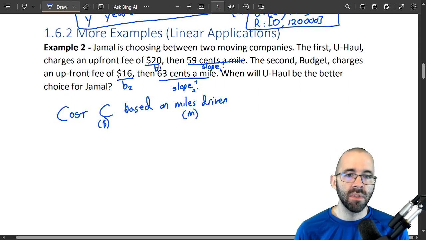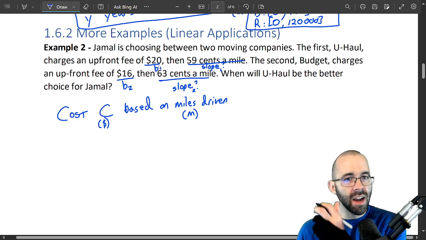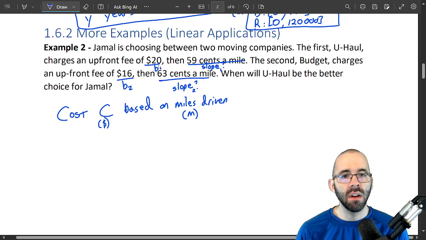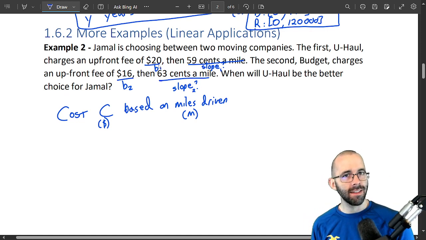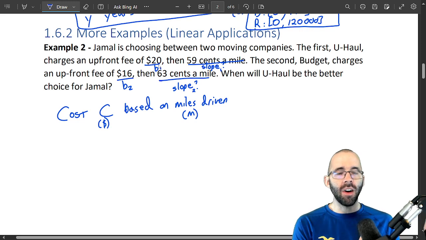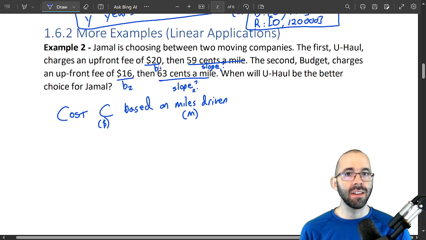All right. A lot of different options here. So these are the two quantities that are interacting with each other. What are we trying to find? When will U-Haul be the better choice for Jamal? Oh, so there's two different costs, right? There's the cost of U-Haul and there's the cost of Budget.